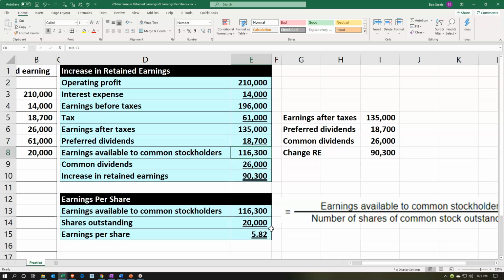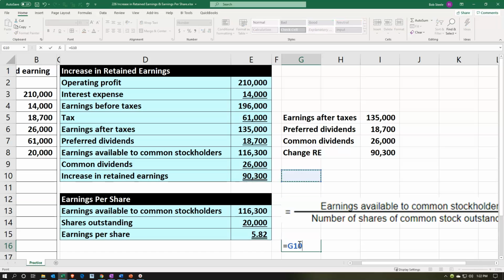Now, you might think that should equal the dividends that actually went out, but that's not the case, right? The dividends that actually went out are generally going to be that or lower. It could be higher, because they could have taken earnings from prior periods and given them out. But typically the dividends are lower than the earnings per share. So we had earnings per share of 5.82, and the dividends were only 26,000.